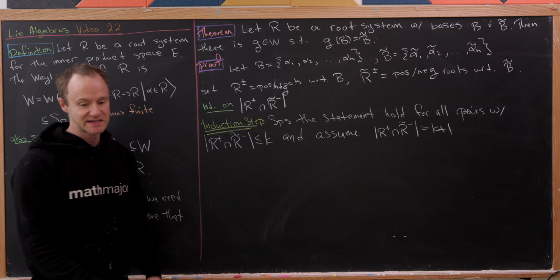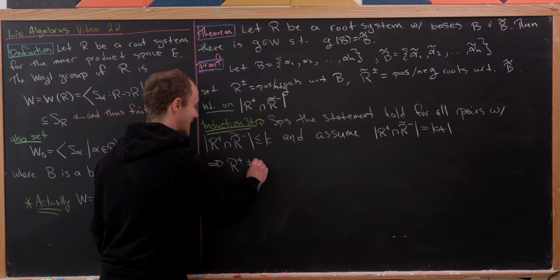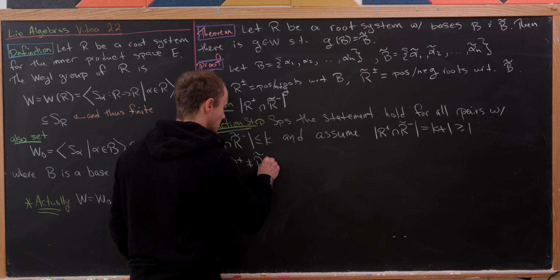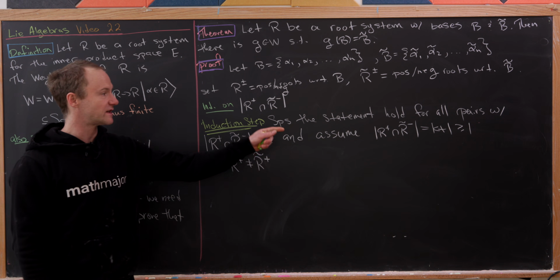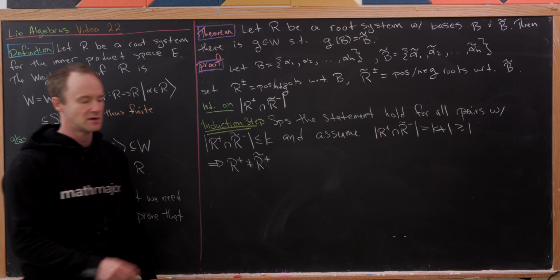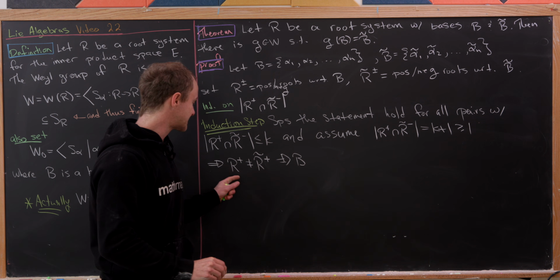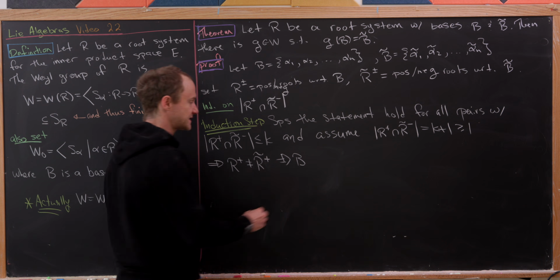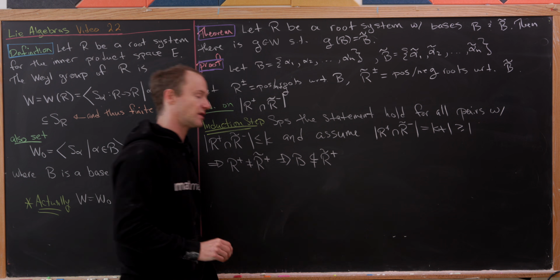Okay, but then if that's equal to k plus 1, then that means that R plus cannot be equal to R tilde plus. Remember that those two things being equal was equivalent to that intersection being equal to 0, which it's not now. But now that pretty quickly tells us that B, because it's contained inside of R plus, is not a subset of R tilde plus.